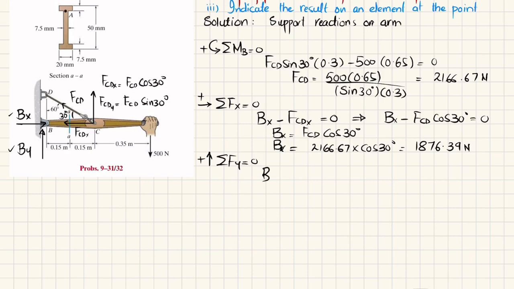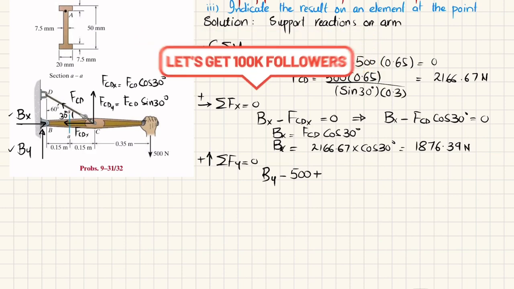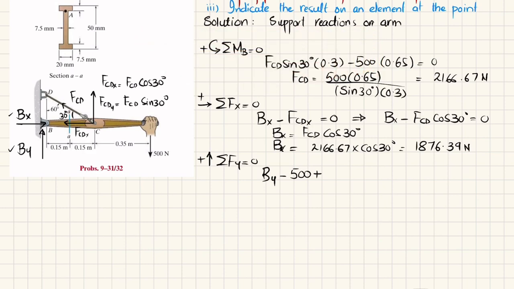So By minus 500, which is downward, plus the FCD y component, which is FCD, 2166.67 times sine of 30 degrees, is equal to 0.